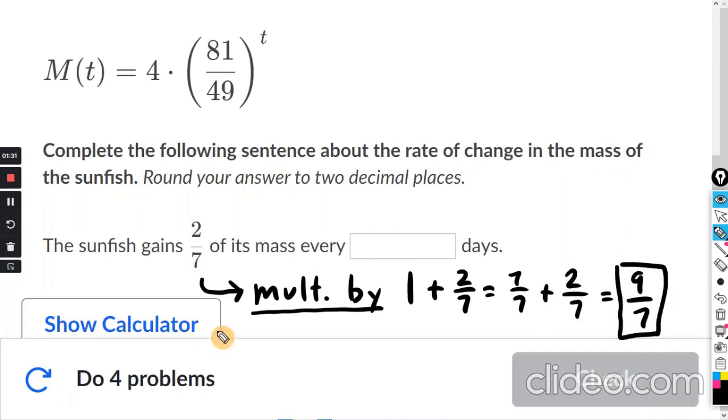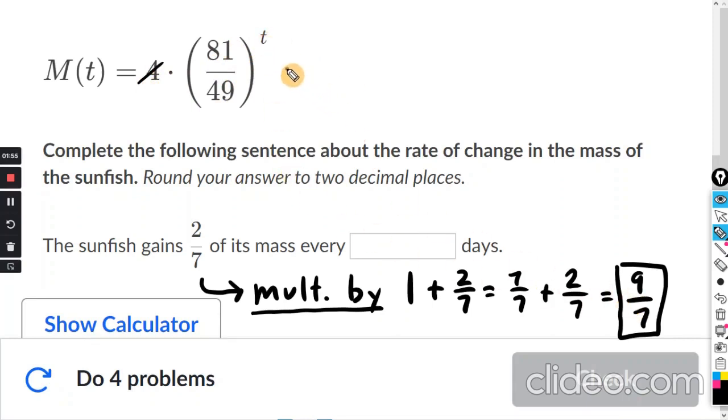All right, so it said in the write-up, t is the number of days. So we want to create an equivalency here. The number 4 is being multiplied by this factor right here. We don't have to worry about whatever the initial value is. Okay, but this 81 over 49 is to the power of t.